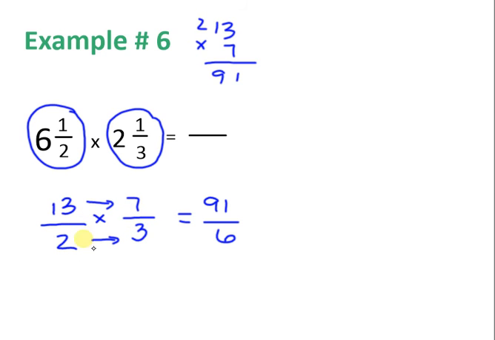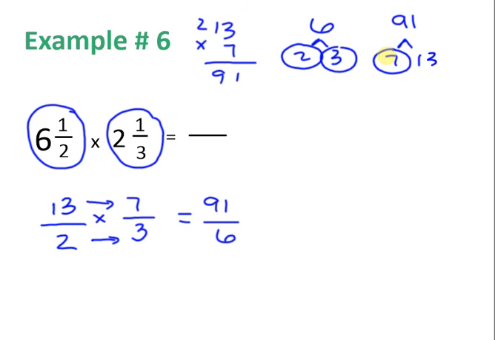You cannot cross cancel anywhere in there, which means this is as simplified as it goes. And to prove it to you, here's a factor tree of 6. And 91, it's not prime, but here's the factor tree of 91. So they don't have anything in common.